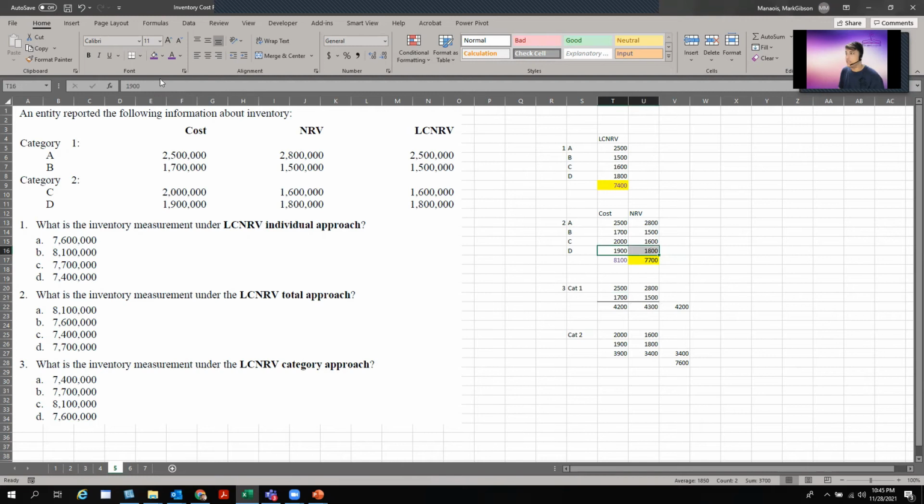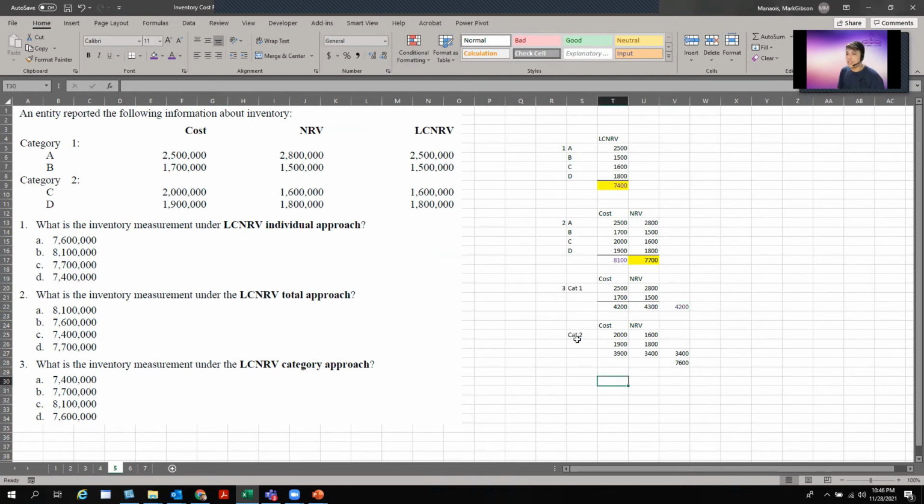Okay, ito para hindi nakakalito. And then we have 2.8 plus 1.5. Compare the two. Ano ba yung mas mababa? So this is cost. And this is NRV. So we get the cost, no? Because it's lower. So that's 4.2 million.